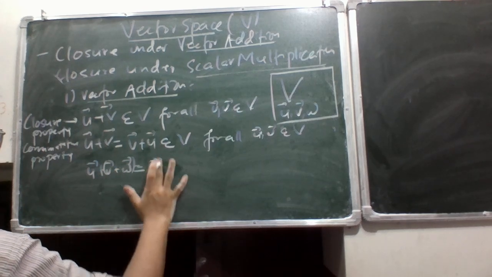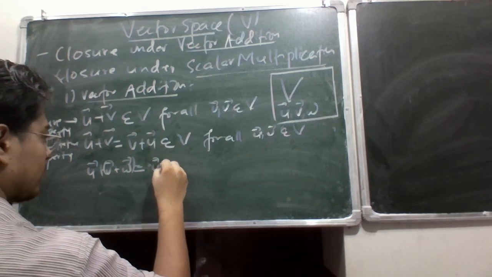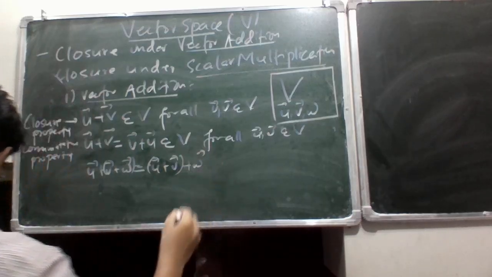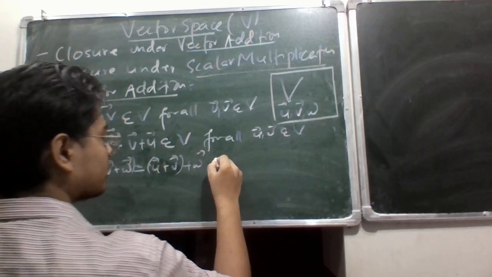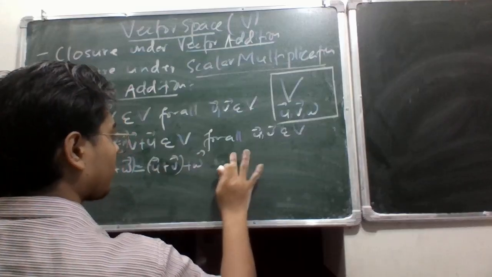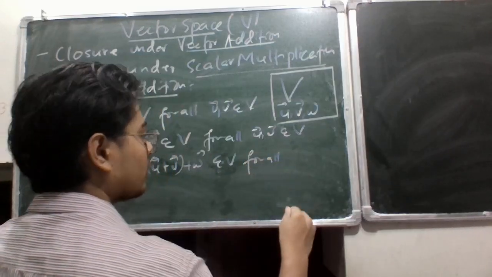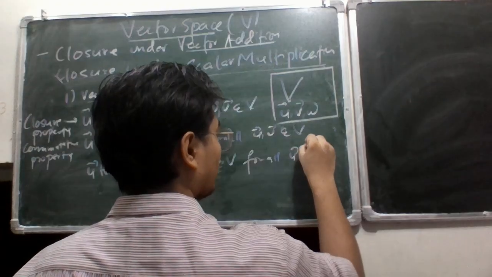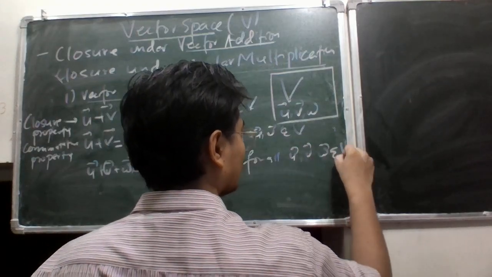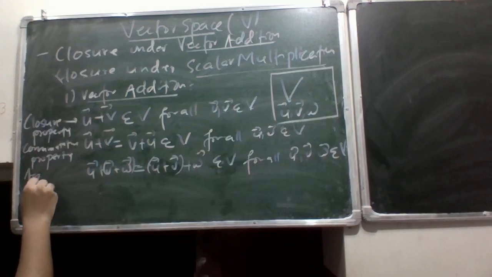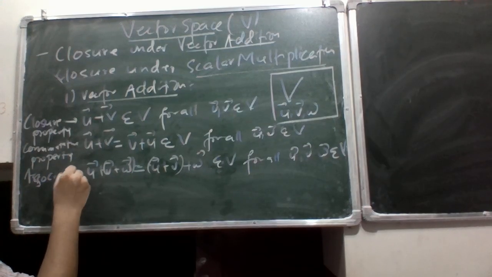Yeah, so it turns out that this also belongs to vector space for all u, v, w that belong to V. This is called associative property.